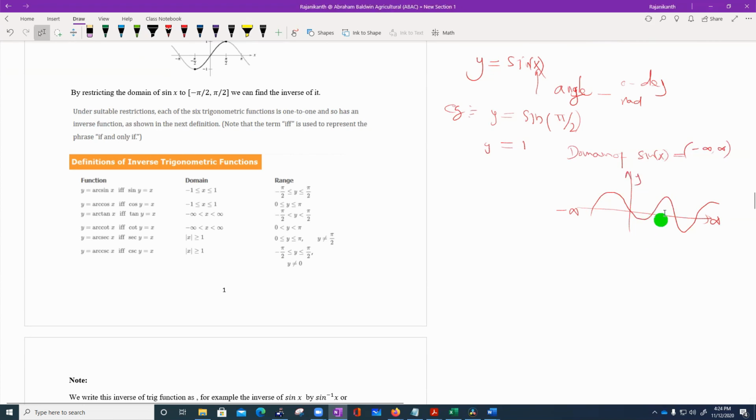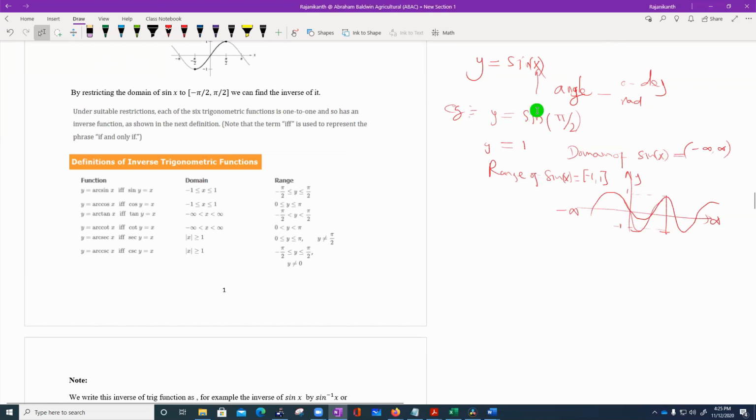So the range of the sine graph: the highest value is 1, and the smallest value, the picture goes like this, is -1. Therefore, the range of sine x is the possible y values, which is -1 to 1. Okay, this you already learned about, drawing sine graphs, trigonometry.